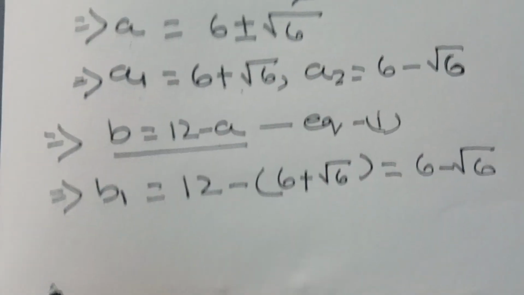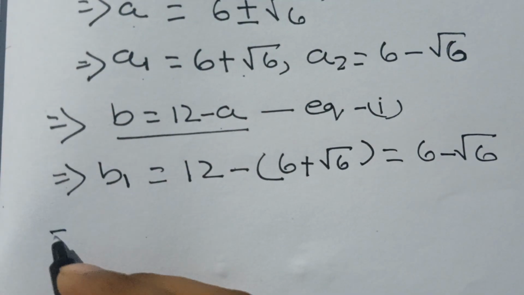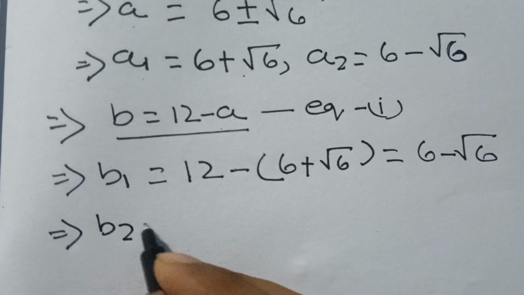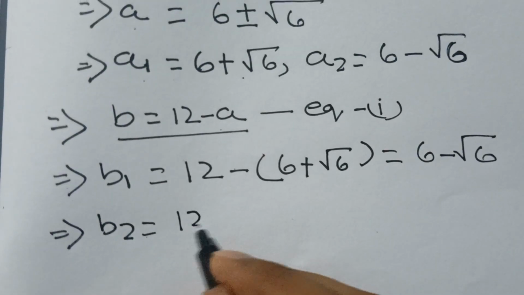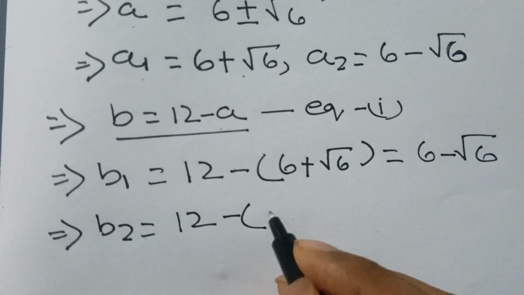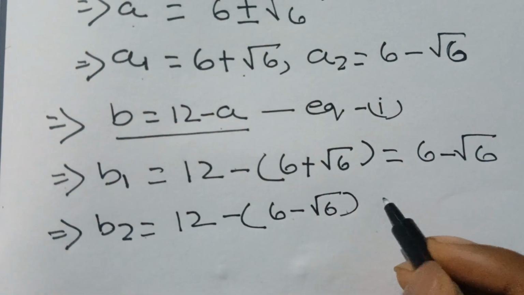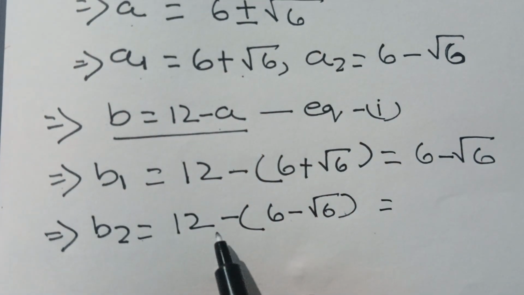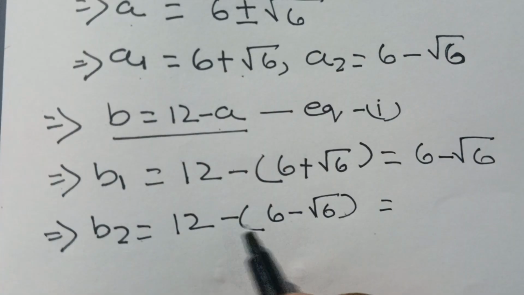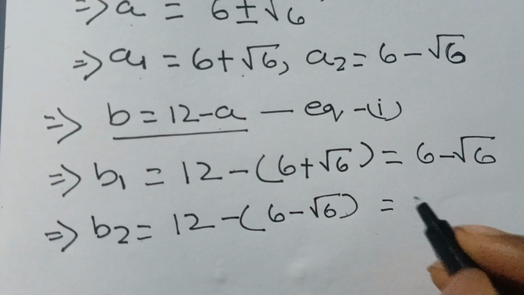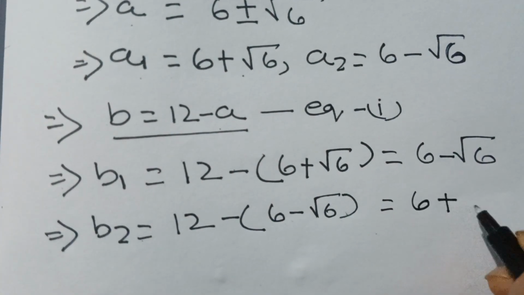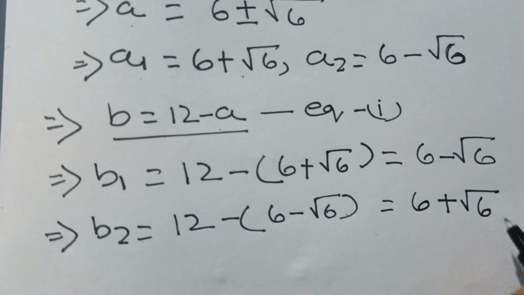For the second value, b2 is 12 minus (6 minus root 6). That will be minus 6, and minus minus root 6 becomes positive, so that is 6 plus root 6.